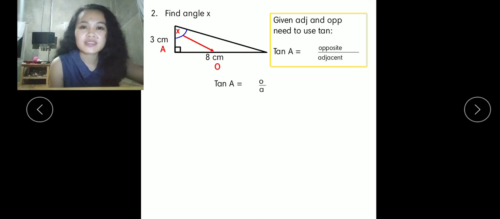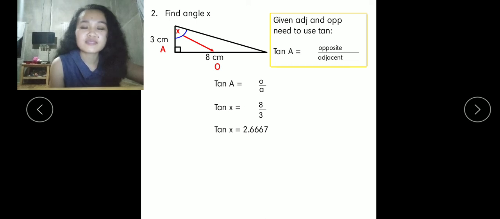Copy the formula, then substitute. So we have tan x, because x is our theta, equals 8, the opposite, over the adjacent, 3 centimeter. Divide. So the result is tan x equals 2.6667.